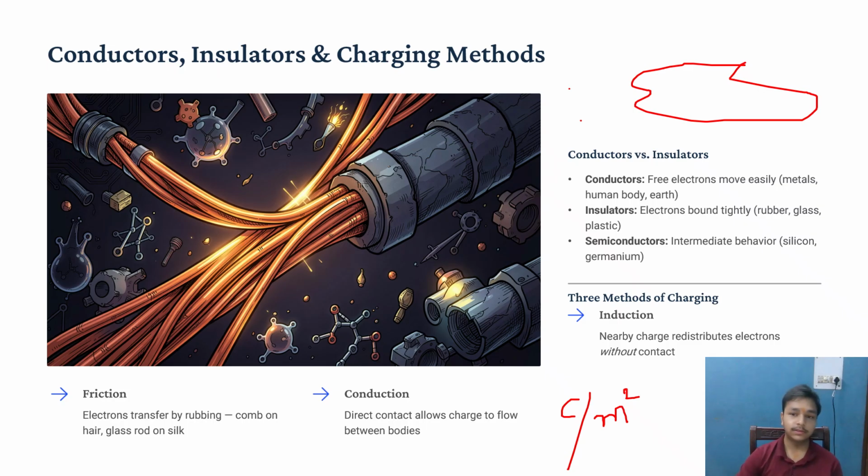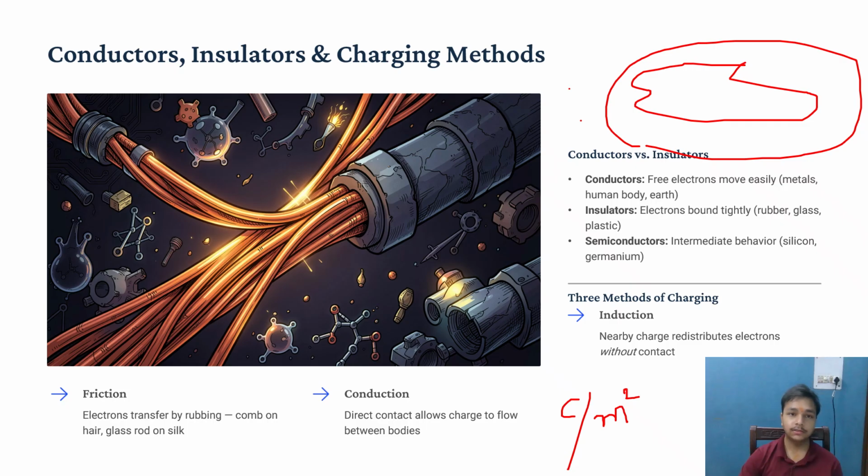Suppose this is a conductor which has a random shape, and at different points on the surface it has different radii. This is a different radius, this is a different radius, and this part has a different radius. So this whole part is the curvature, this is the curvature, then this is the curvature, with different radii.